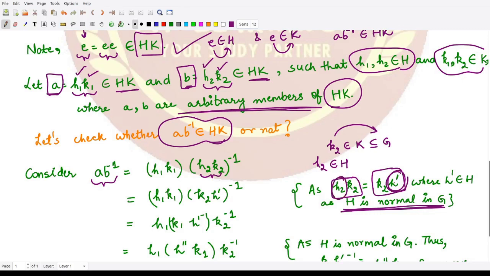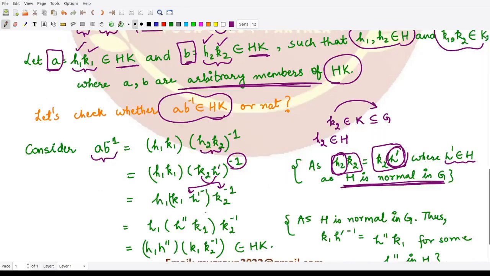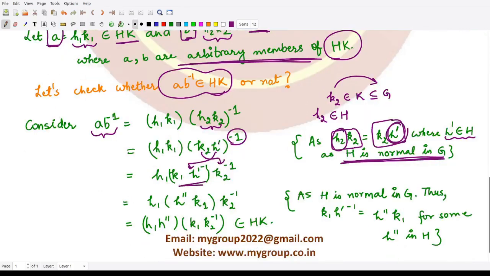So let's mark this as h dash, where h dash is present in H. In place of h2k2, we are writing k2h dash. Now when you open the inverse, this element would come in front and this would come at the end. Now we can apply the same thing onto these two elements.